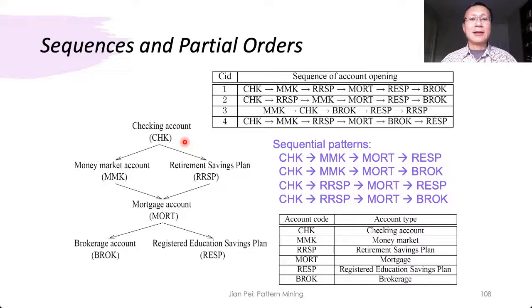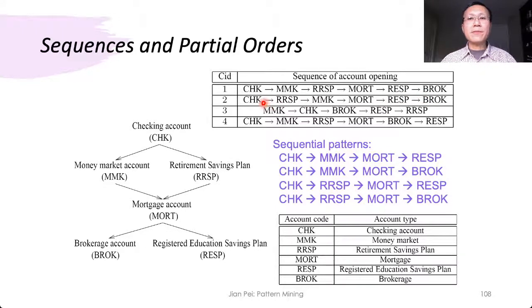Last, indeed, patterns can be found not only on sequences and transactions. We may also generalize into, for example, partial orders. For example, we may have a sequence of customer behavior, like in what order customers may open their banking accounts: checking account, money market account, RSP account, mortgage account, ISP account, and broker account.